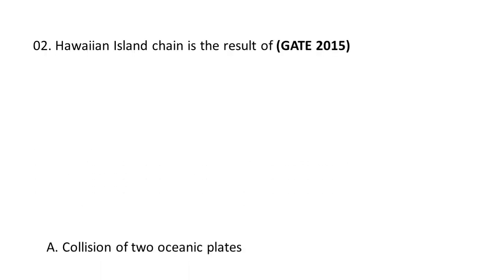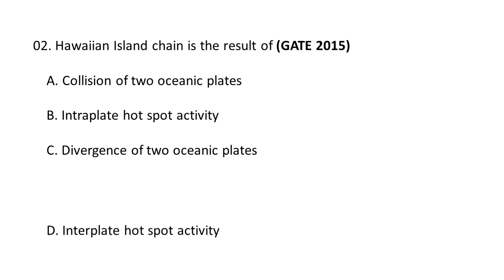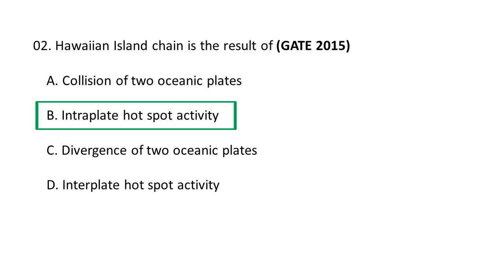Next question. Hawaiian island chain is the result of A. Collision of two oceanic plates, B. Intraplate hotspot activity, C. Divergence of two oceanic plates, and D. Interplate hotspot activity. Hawaiian island chain is the result of intraplate hotspot activity. So this is specifically a volcanic hotspot.